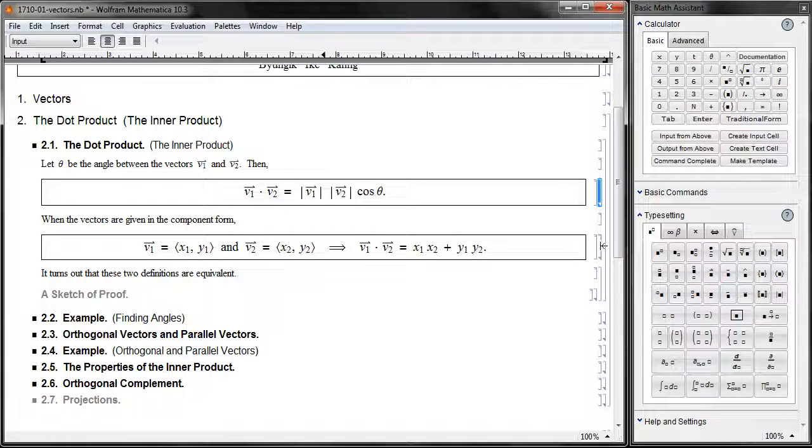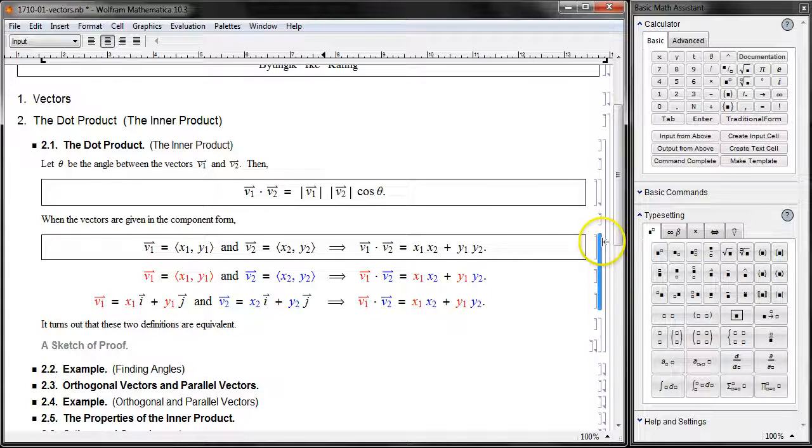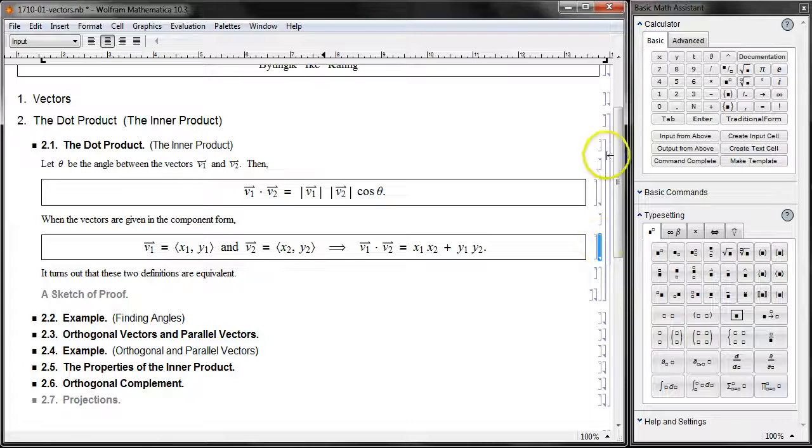In component form, dot product is equivalent to x1 x2 plus y1 y2. Just multiply x coordinate, multiply y coordinate, and then add them all together. That's the dot product computation.